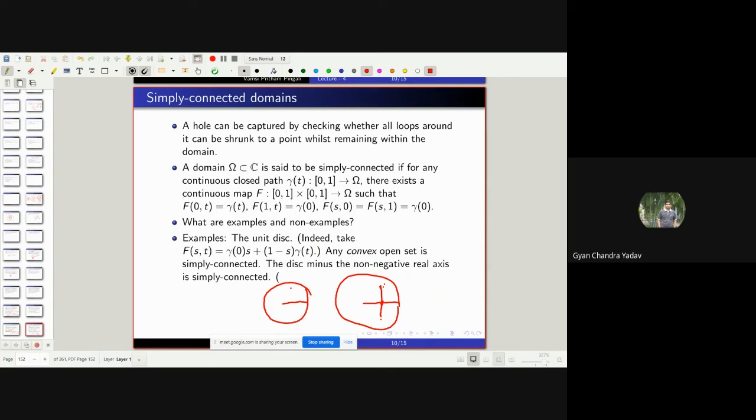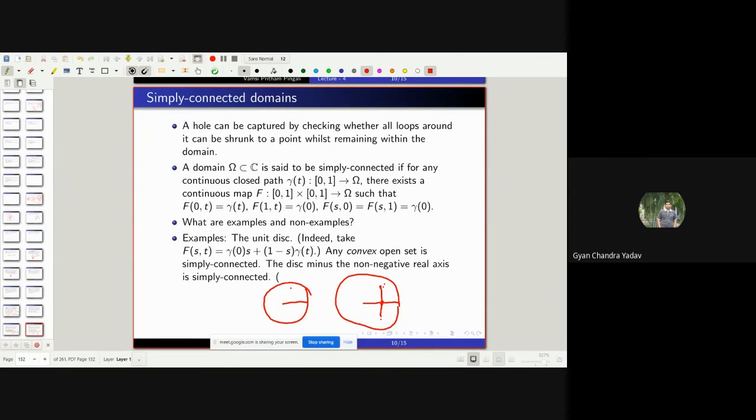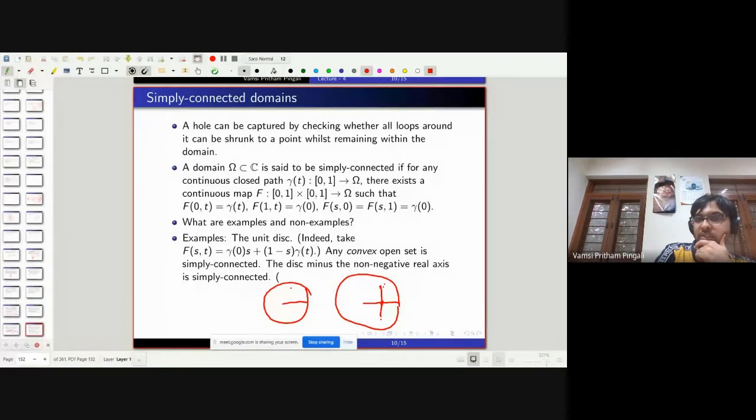If you take any closed curve inside this, then that will not contain the non-negative real axis, and then we can shrink that. How will you do it? That's the question. You can't just draw pictures. You have to do it rigorously. How will you do it?